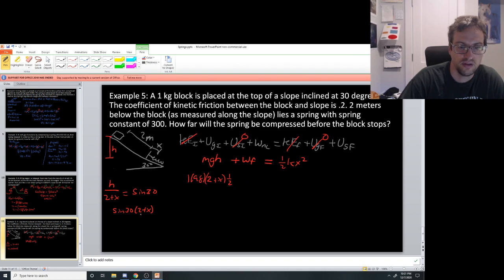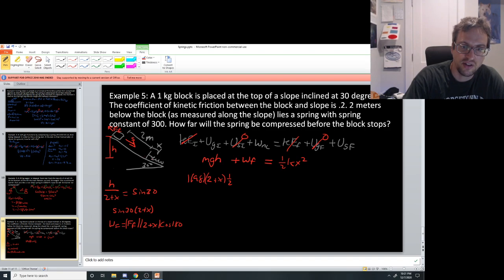Friction. Work of friction equals the force of friction, magnitude of that, times the distance it goes, which is 2 plus x, times cosine of 180. And it's 180 because this is the path, the s, this is the force of friction. And we have to do 2 plus x because friction keeps acting.